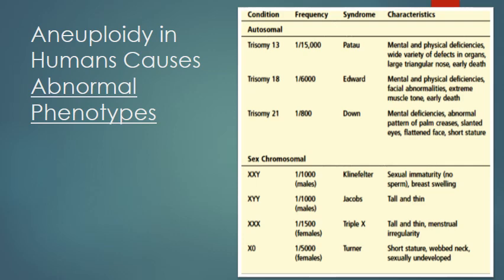Several human disorders involve abnormality in chromosome number; the most common are the trisomy of chromosome 13, 18 or 21, and the abnormality in the sex chromosomes. I have shown these autosomal and sex chromosomal disorders in the table.